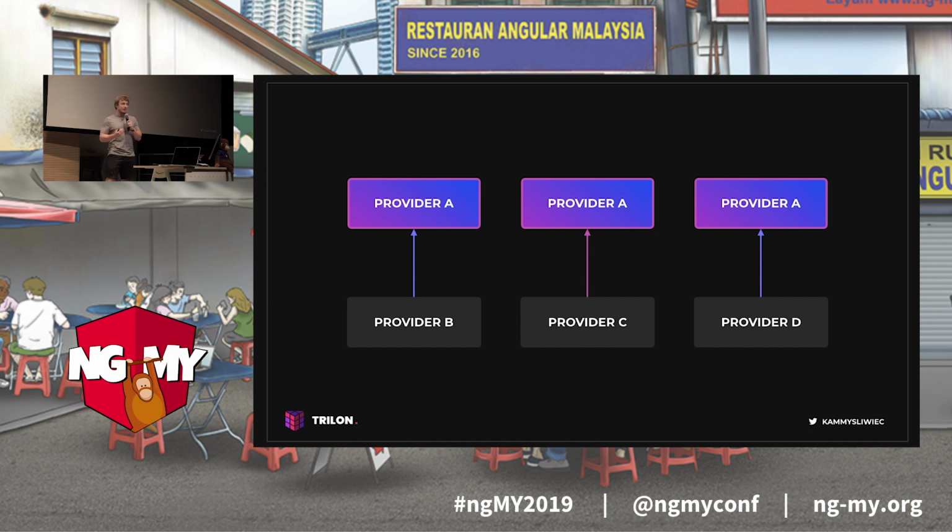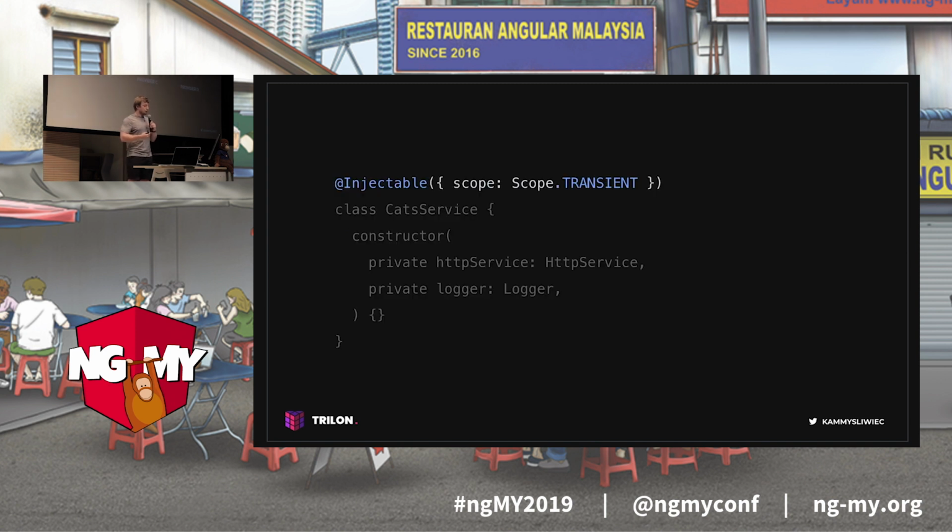Angular obviously does not need this feature, right? But in the server-side world, in backend development, this is pretty useful. Additionally, we have added transient scope, which means that a new instance of the provider will be created every time someone asks for it. Take a look at the visualization.